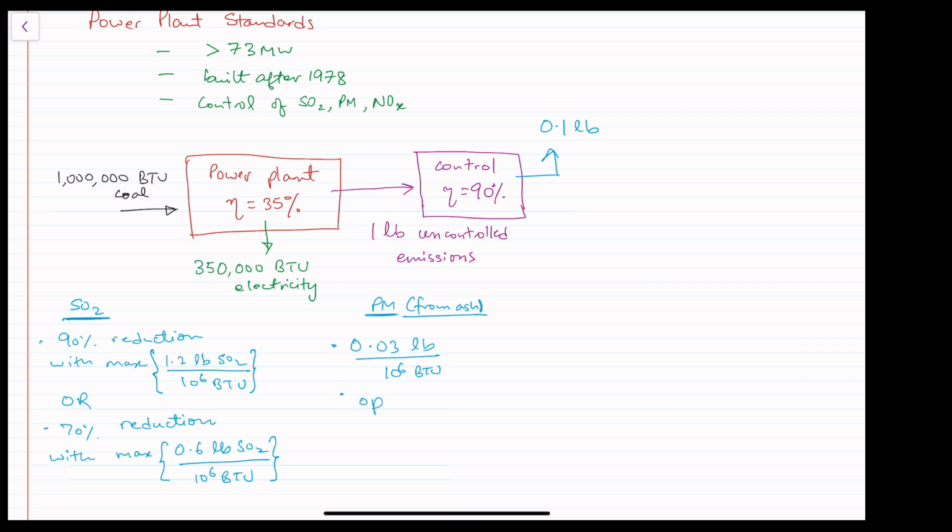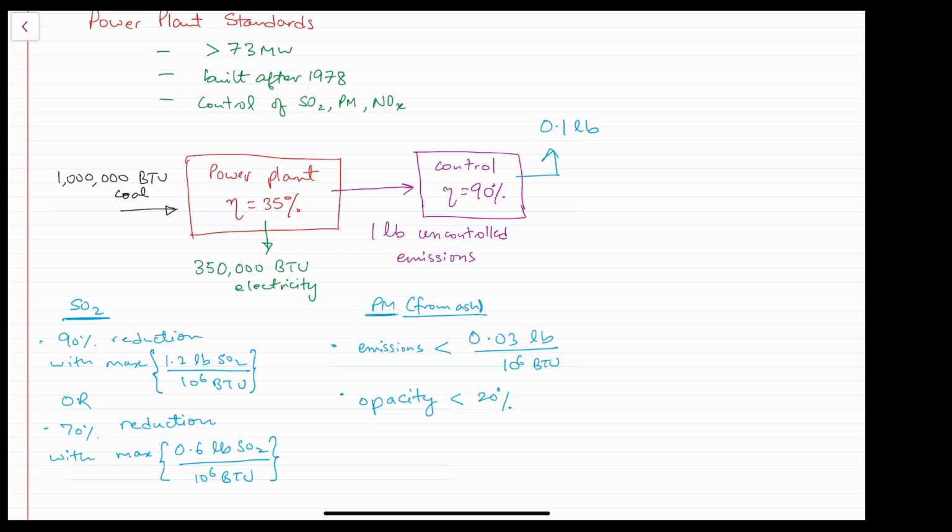So this is the maximum emission allowed. Emissions have to be less than this, and opacity less than 20%. And we looked at that slide about opacity earlier.